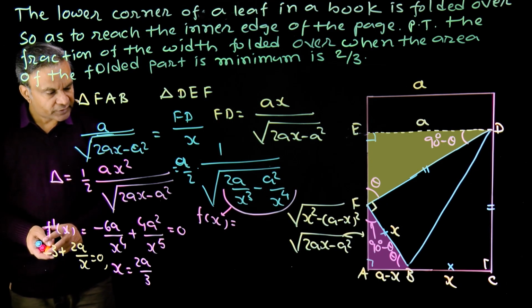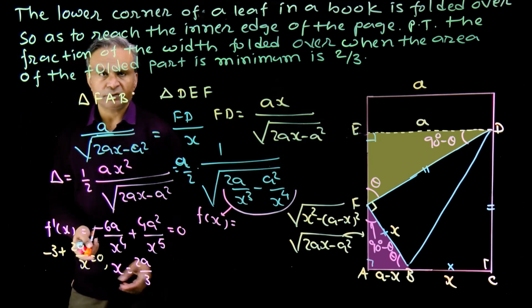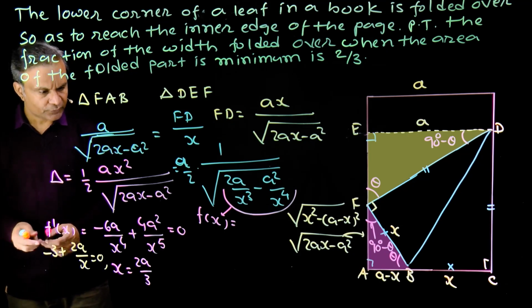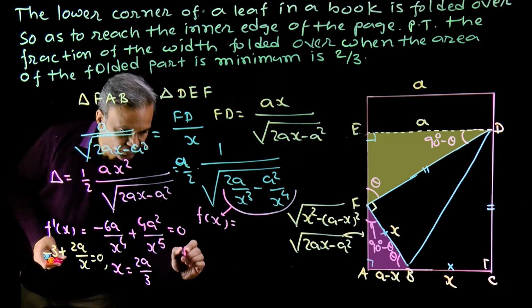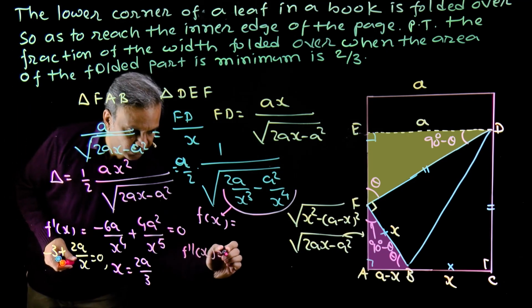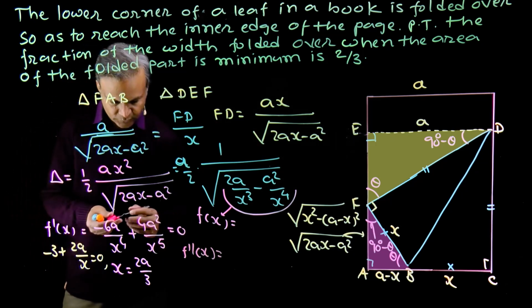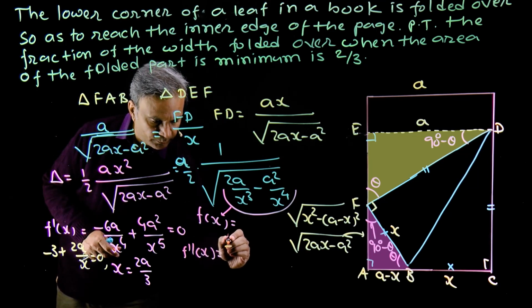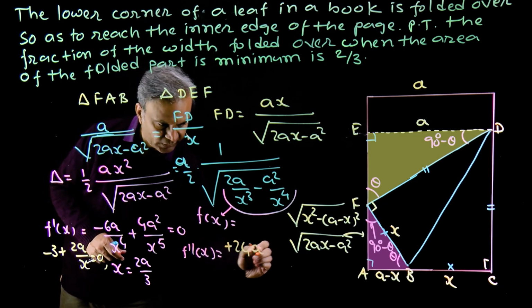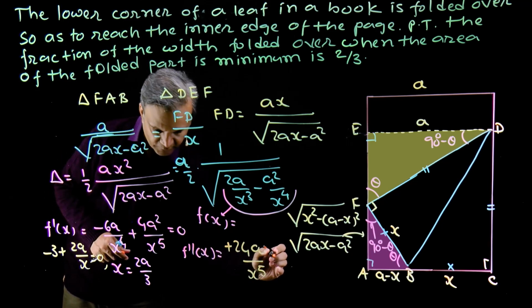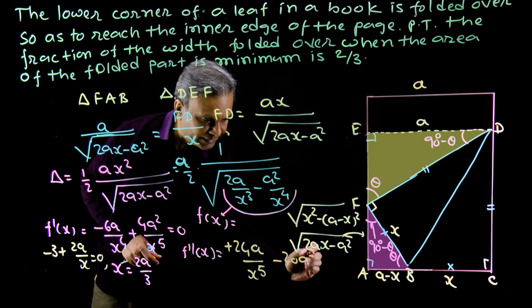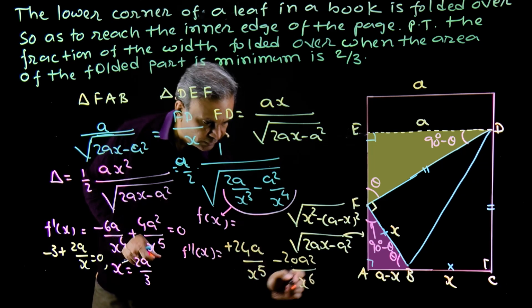Now definitely this will be the point of maxima of this function. We can verify using the second derivative test. We differentiate this again. The double derivative of f(x) will be plus 24a over x to the power 5 minus 20a squared over x to the power 6.